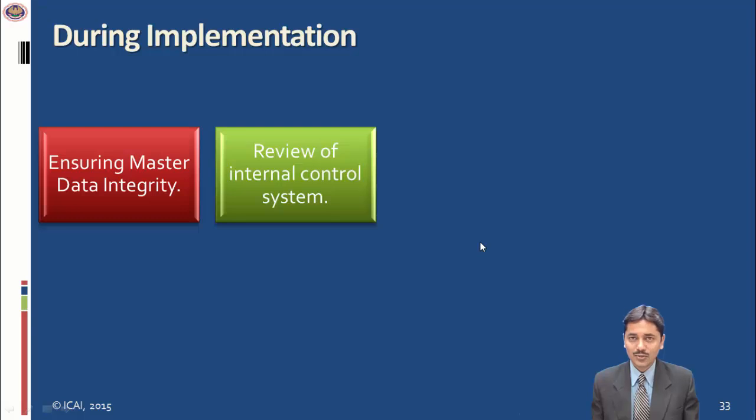Whether we require a control at this particular point, what types of controls are to be placed, and how these controls are to be implemented, this can be guided by a chartered accountant very easily.